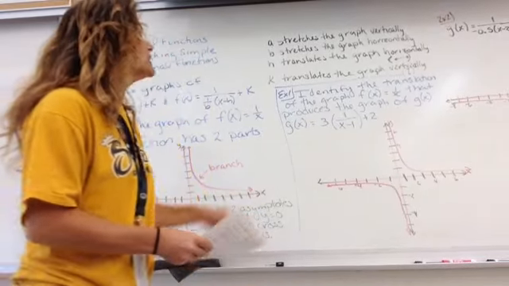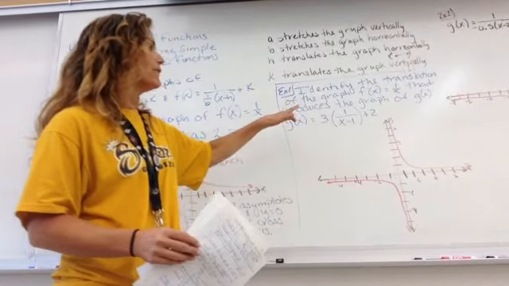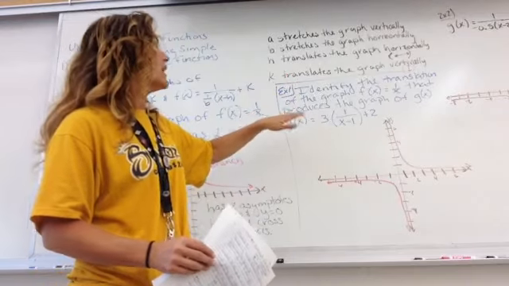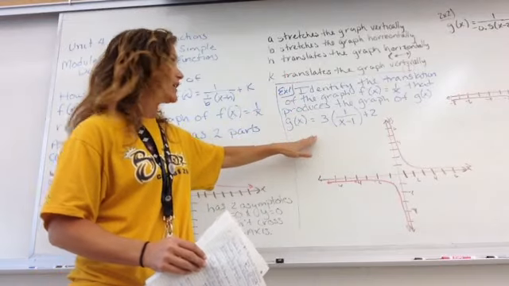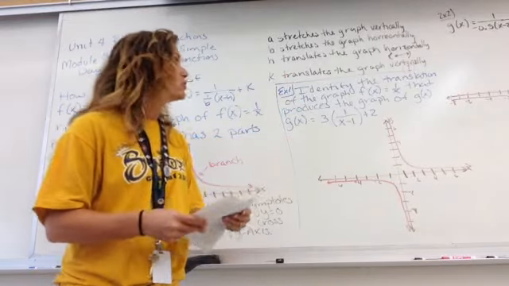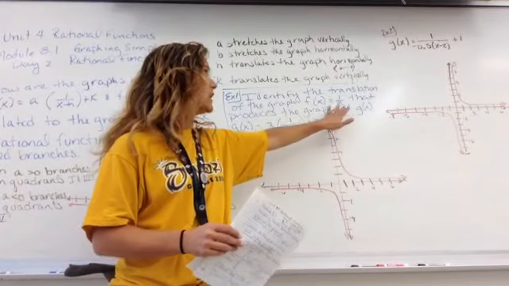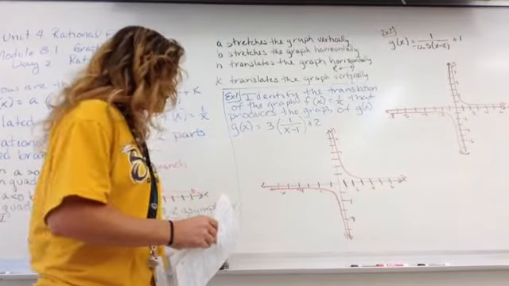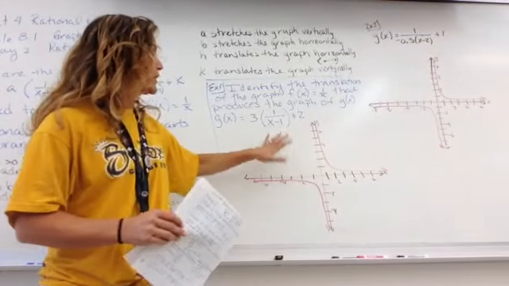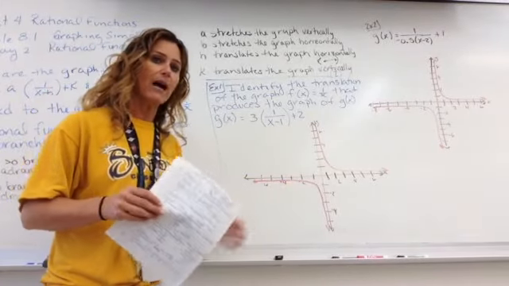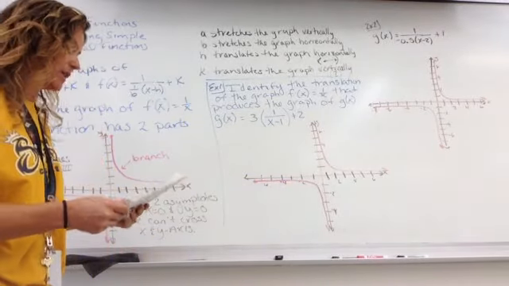All right, so we are going to identify the translation of the graph f of x, 1 over x, that produces the graph of g of x. Here's our equation. So looking at this, I have already graphed f of x equals 1 over x. We're going to graph this one on here, but before we graph it, we're going to talk about what's going on.